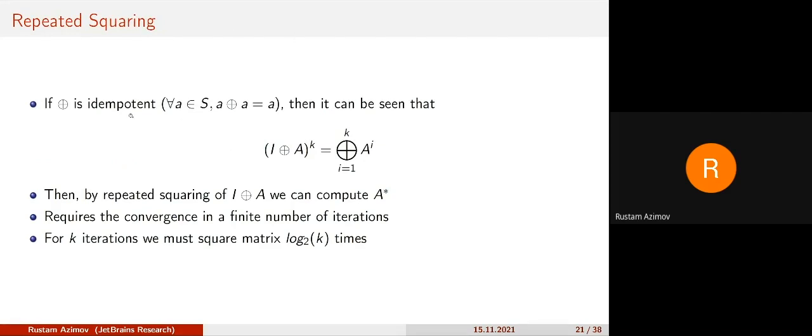If we have idempotency of the plus operation, we can repeatedly square the matrix I plus A and compute A star, but only if we know that we can do it in a finite number of iterations. And if, for example, we know that k iterations are enough, then we must square the matrix logarithm of k times.